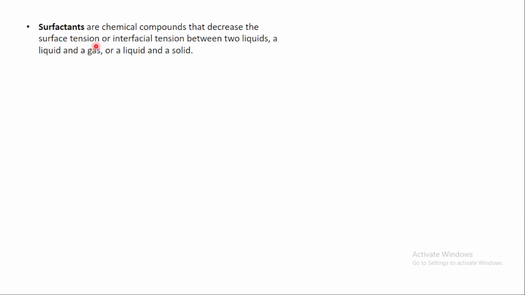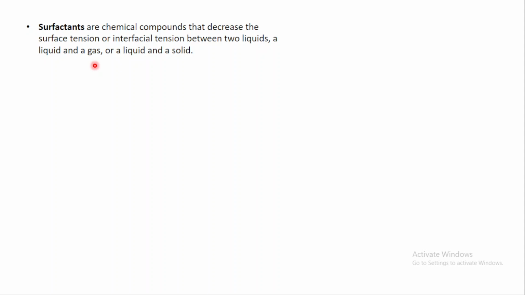On our understanding of non-ionic surfactant, what is a surfactant? A surfactant is a chemical compound that decreases the surface tension or interfacial tension between two phases. Those phases can be two liquids, a liquid and a gas, a liquid and a solid, or anything.